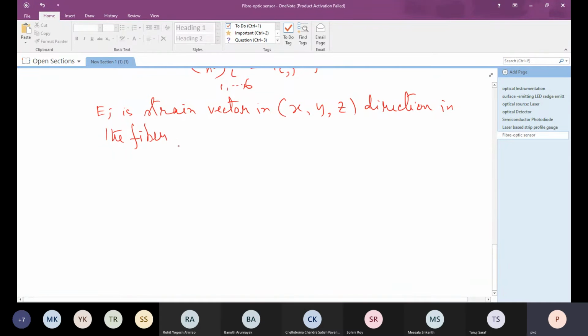Now here again we can assume some relation, assuming 2E1 plus E3 equal to 0.